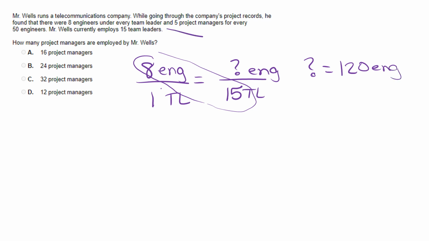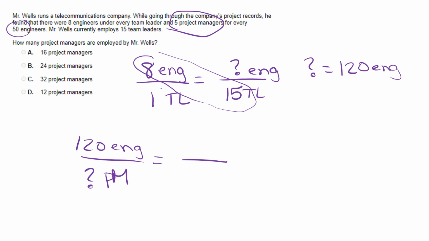Now, we have 5 project managers for every 50 engineers. Well, we know that there are 120 engineers. We need to know how many project managers. If there are 50 engineers for every 5 project managers. Notice that I put project managers both on the bottom there, or you could have put them on the top.